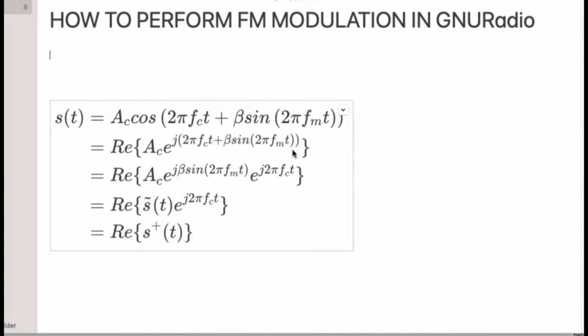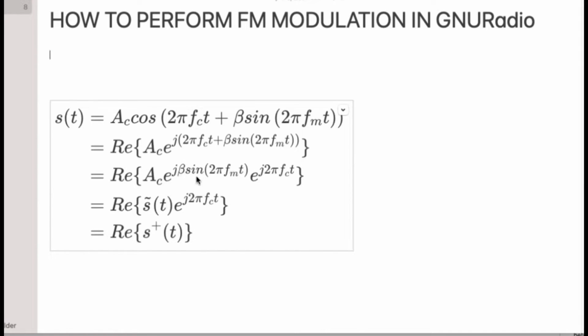Now here's the thing. The next thing that you want to do is this: I want to take this real signal and convert it into a complex form, because if you look at this value, what is this value?